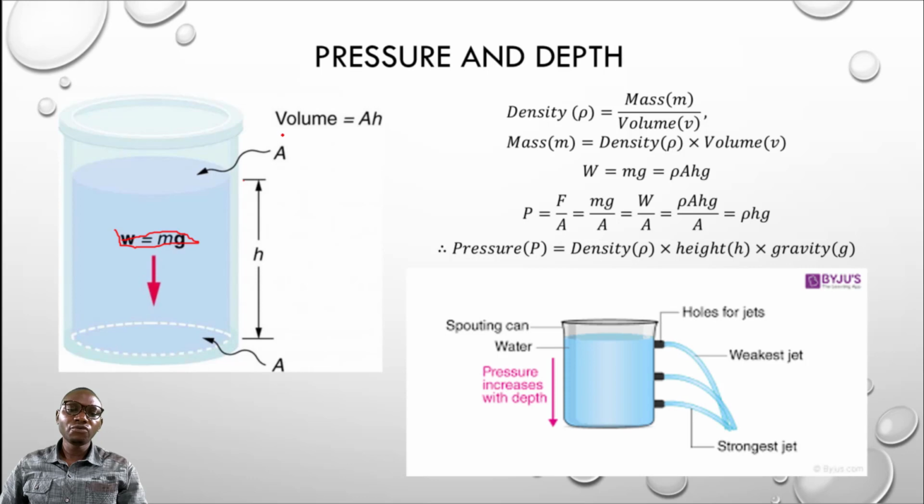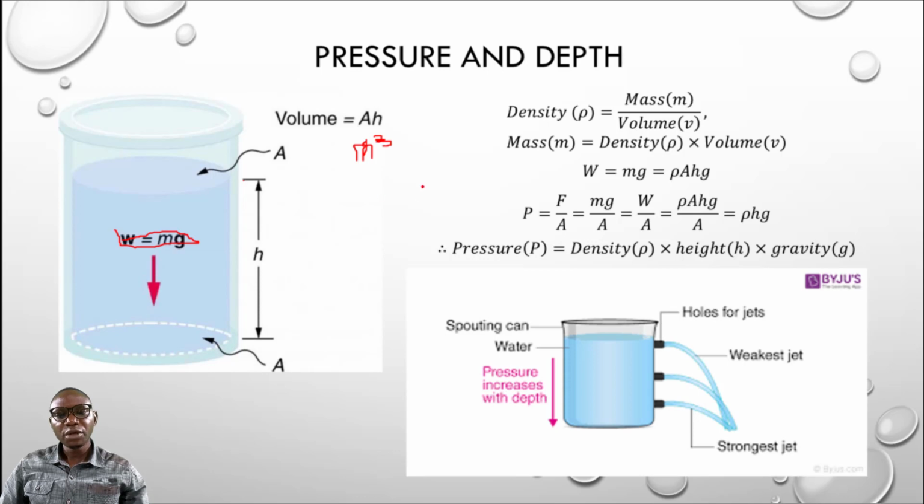If you recall, to calculate the volume of a cylinder, the volume is area multiplied by the height of that material. The unit of volume is meter cube, area is meter square, and height is in meter. So we get meter cube.